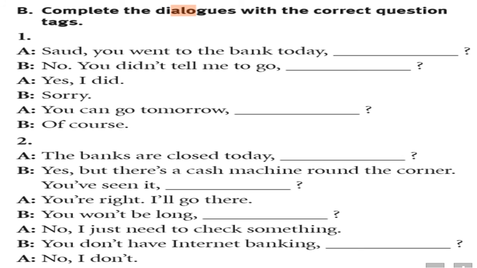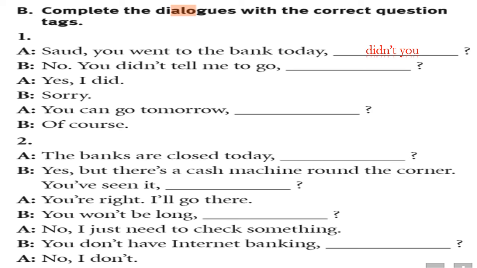B. Complete the dialogues with the correct question tags. 1. A. Saud, you went to the bank today. Think please. Yes. The correct answer is, didn't you? B. No. You didn't tell me to go.